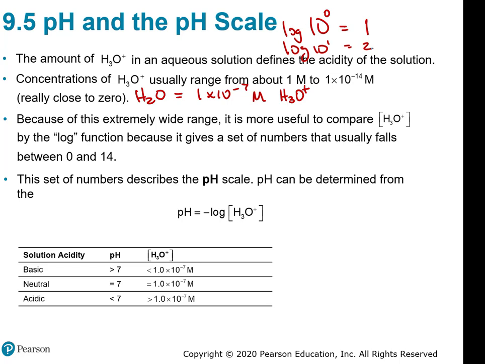If we want to look at the pH of pure water, which most people know is 7, the way that you calculate this is you put minus the log of the hydrogen ion concentration, or H3O plus. So you have to hit the plus minus button. Everybody knows the plus minus button is the one next to the equal sign.